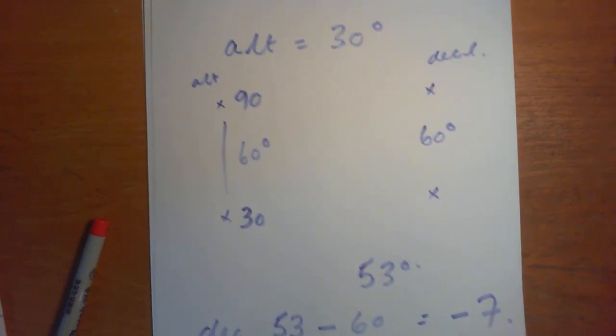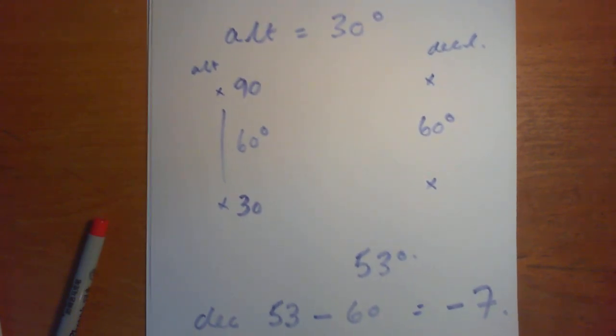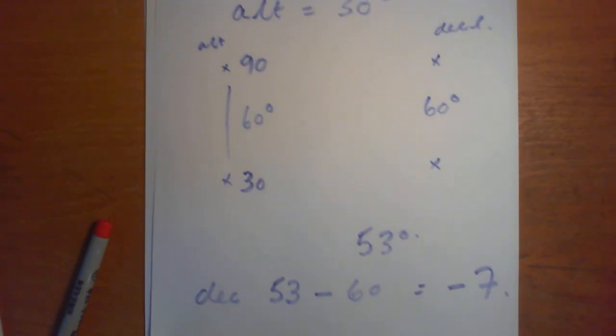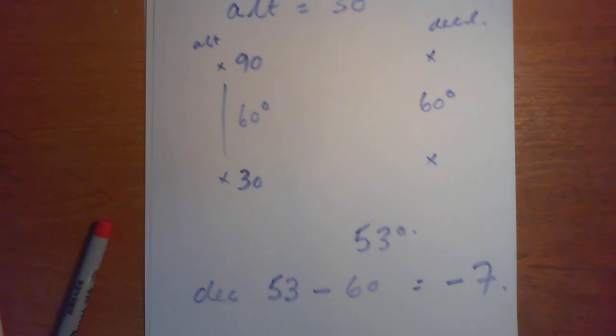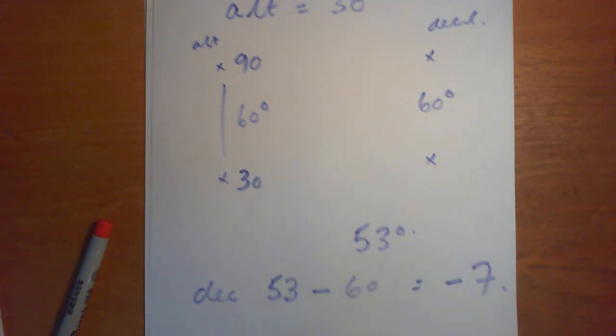I'm having difficulty fitting it all on one go, but yeah, the star that I see at an altitude of 30 degrees will have a declination of minus 7. The important point being that although these are two different systems, the altitude system and the declination system, the actual difference between two measurements will be identical.